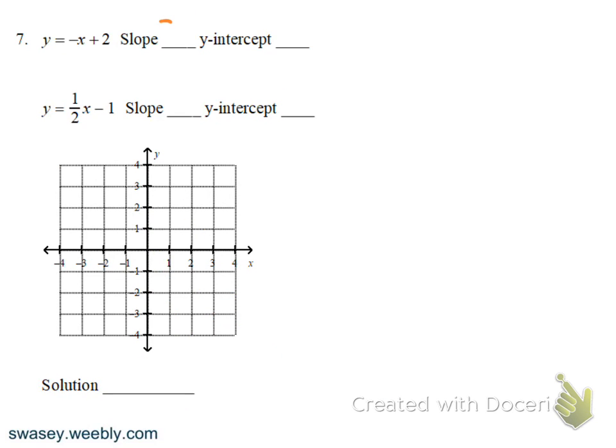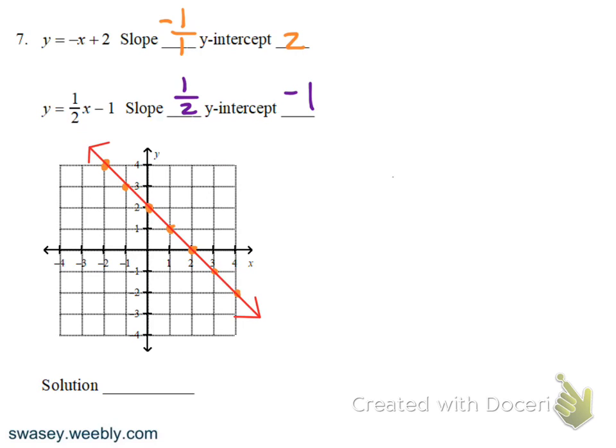Next we have a slope of negative 1 as a fraction, negative 1 over 1, y-intercept of 2. So plot a point at 2, then go down 1 to the right 1. For the second one, our slope is 1/2, y-intercept's negative 1.